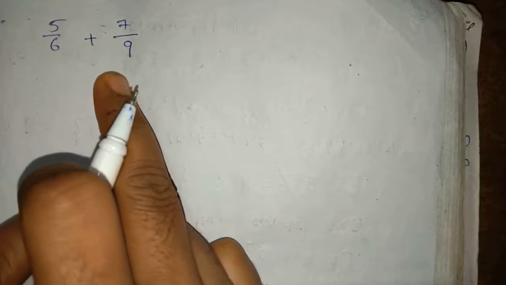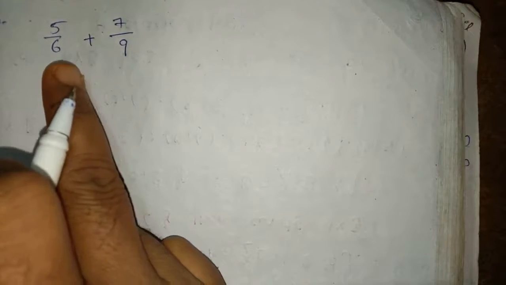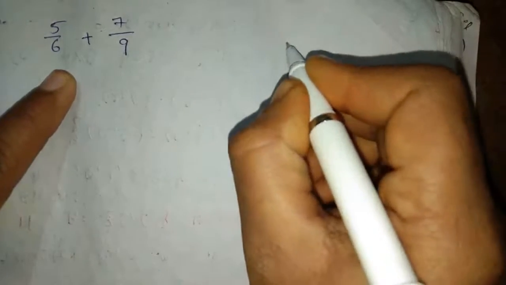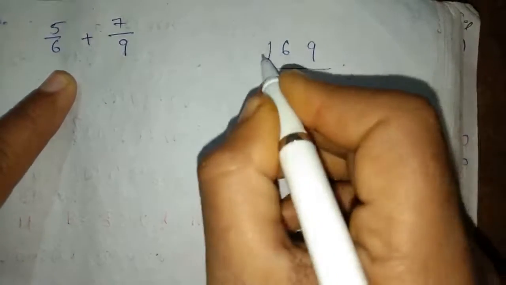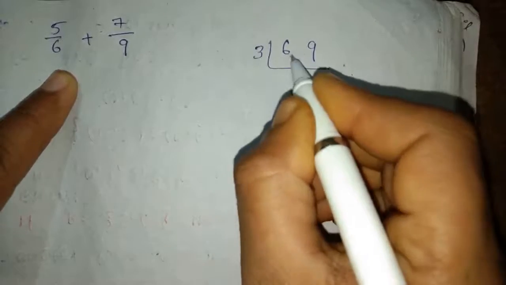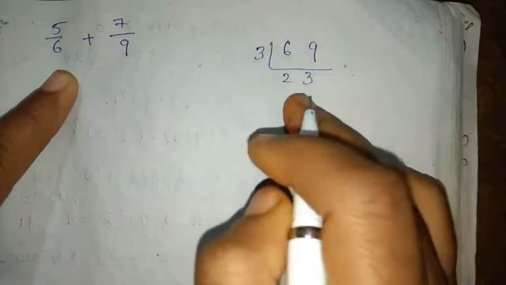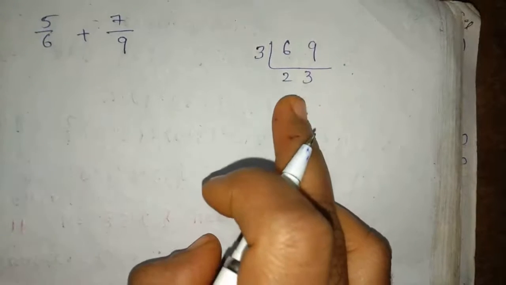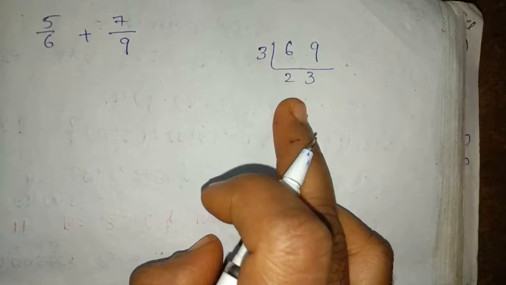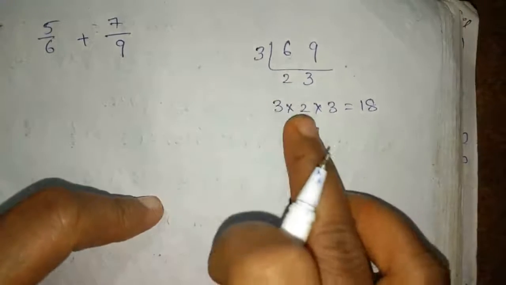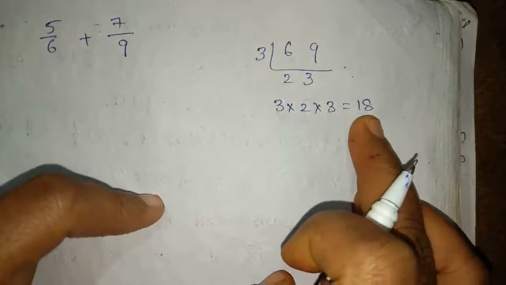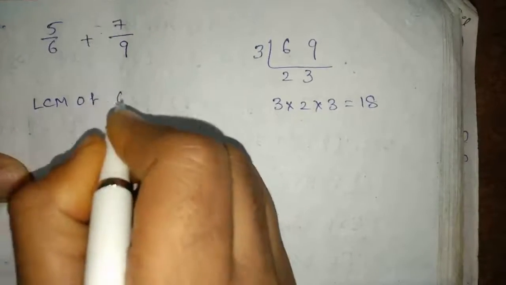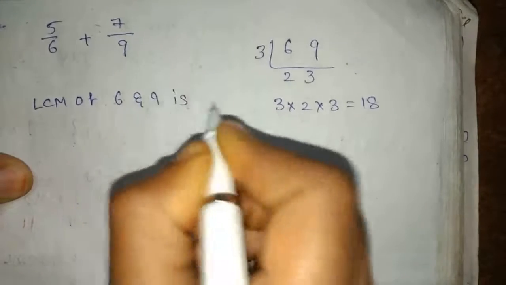First we find the LCM of the denominators 6 and 9. Taking 3 as common, 3 2s are 6, 3 3s are 9. LCM is the product of the prime factors, 3 into 2 into 3, which is equal to 18. So the LCM of 6 and 9 is 18.